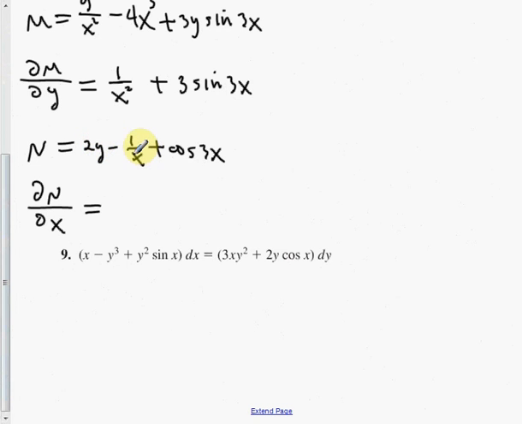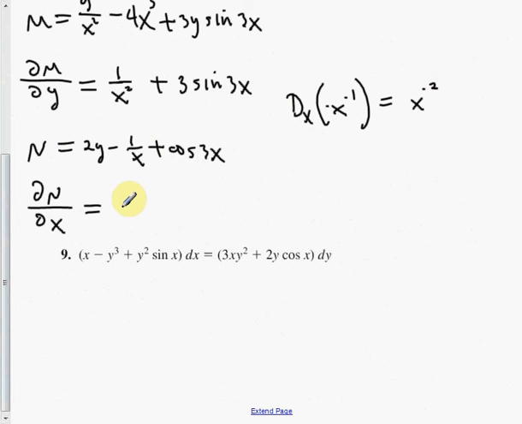And then take the derivative of this 1 over x, which is negative x to the negative 1, so that's x to the negative 2.